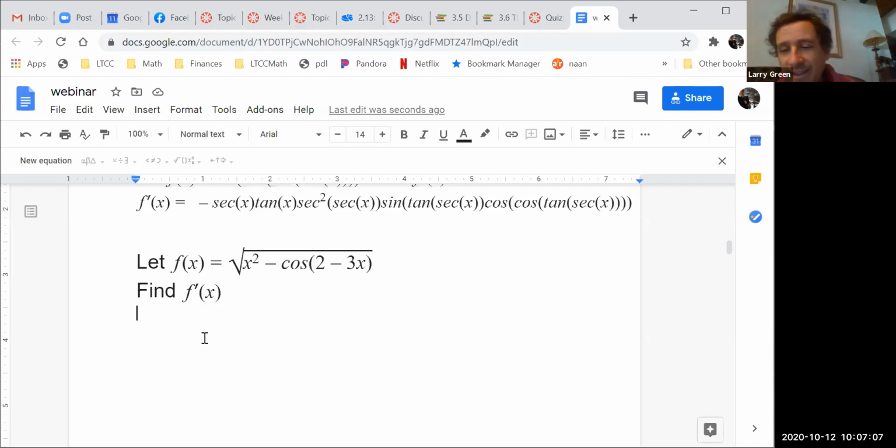And I will let you know, very easy to lose a minus sign. There's a lot of negatives in this one. This one's not too bad. Nothing like the one I just did.